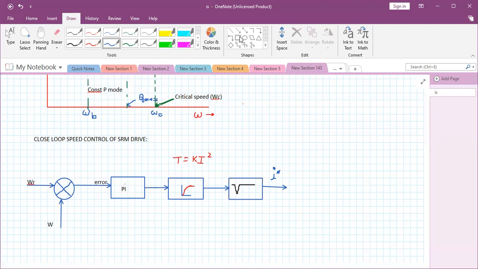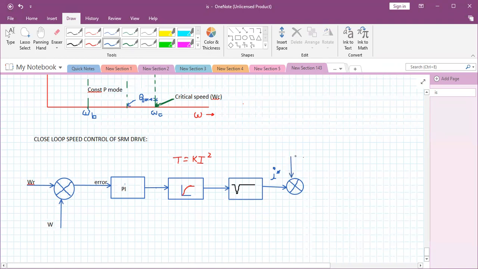So here again we have a comparator, where it is measured with the actual current which is given to the winding.